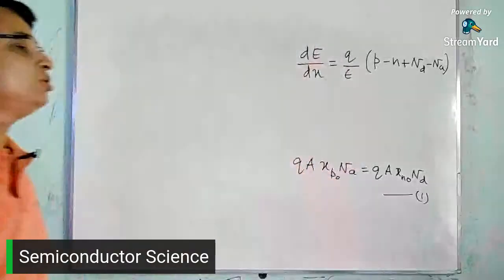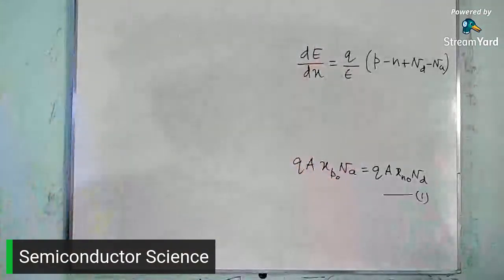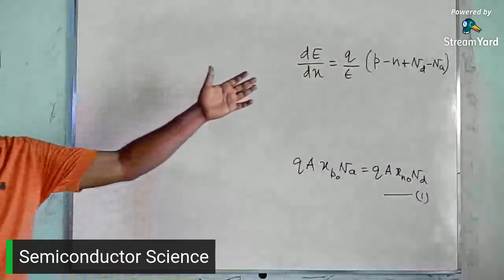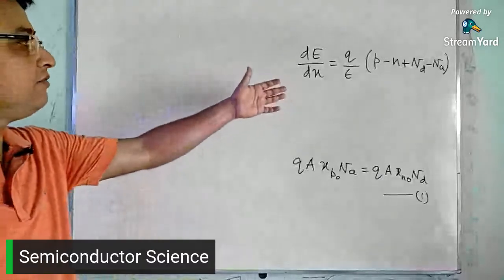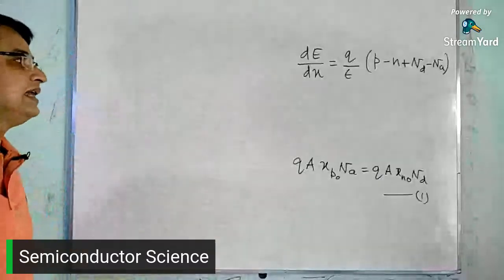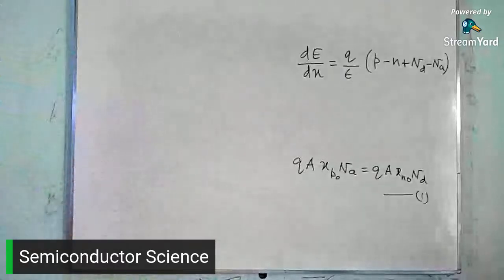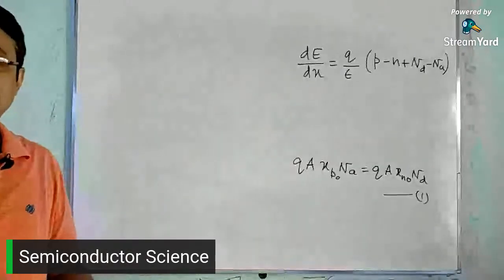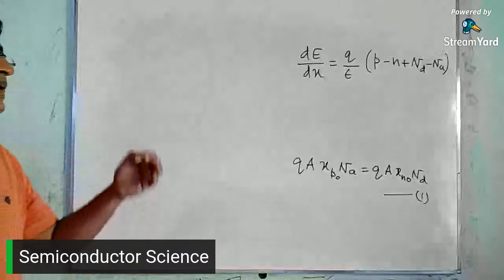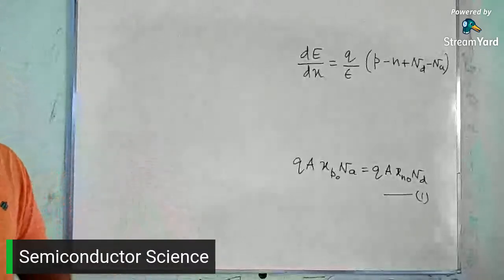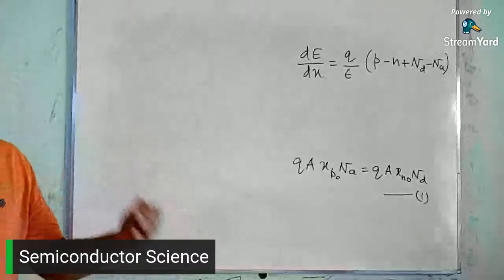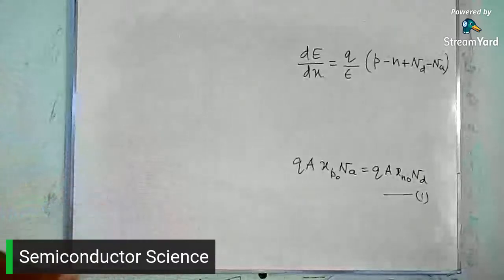So we are going to find the electric field distribution within the transition region, and that's why we started our derivation from dE/dx. From Poisson's relation, that equals q by epsilon times the total charge, that is p minus n plus Nd, the donor type charge, and then minus Na.